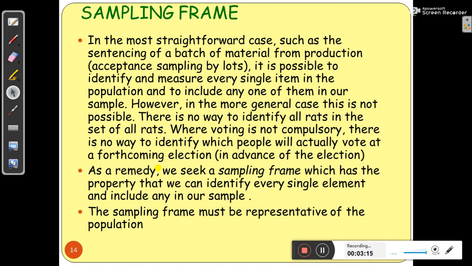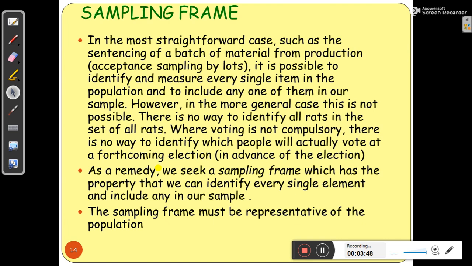However, in the more general case, this is not possible, because if the population is large, we cannot measure every single item to be included in our sample. There is no way to identify all rats in the set of all rats. Where voting is not compulsory, there is no way to identify which people will actually vote at a forthcoming election. So there are problems in counting or analyzing every sample in a population.